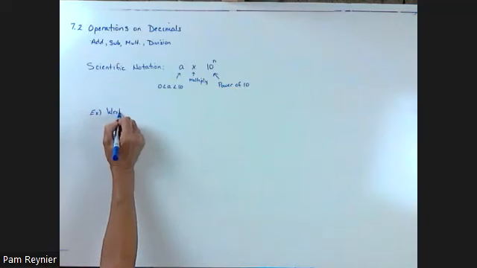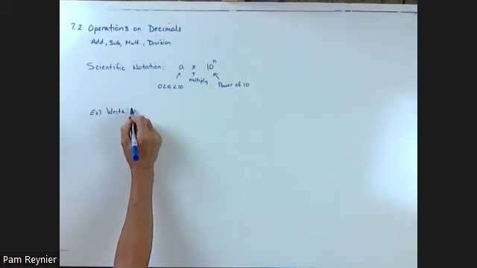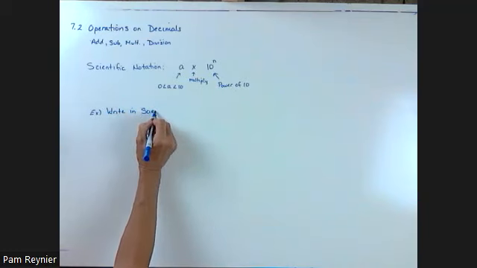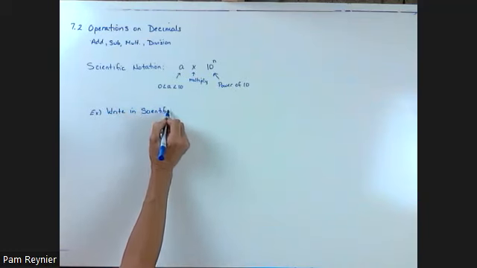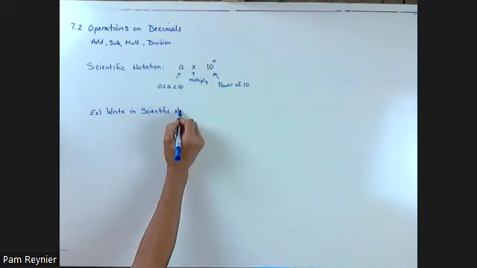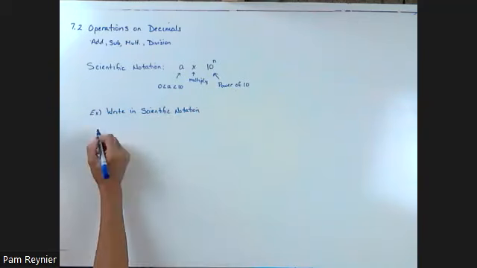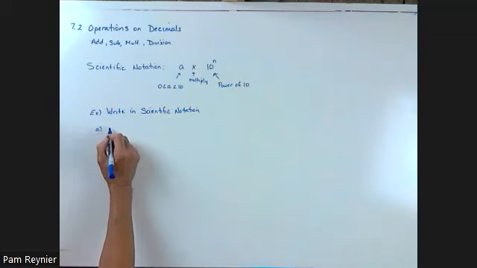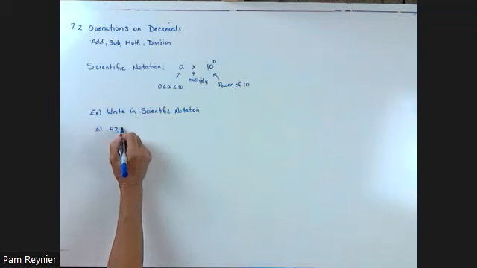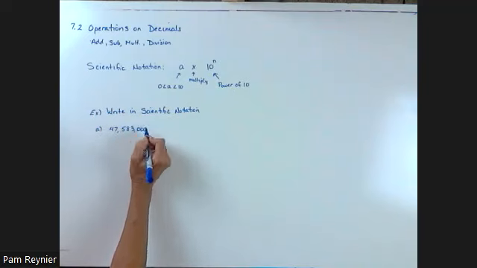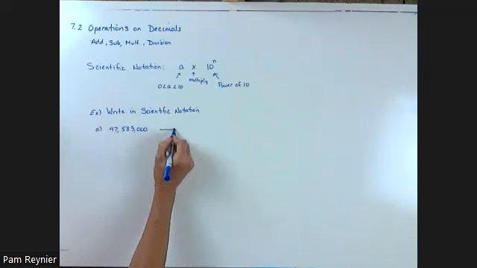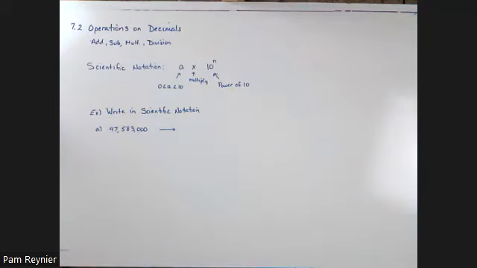So for example, let's convert and write these numbers in scientific notation. The first one is going to be 47,583,000. What's great about this is the digits don't change.